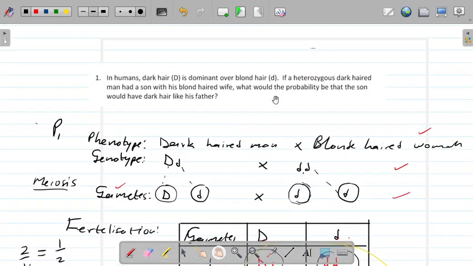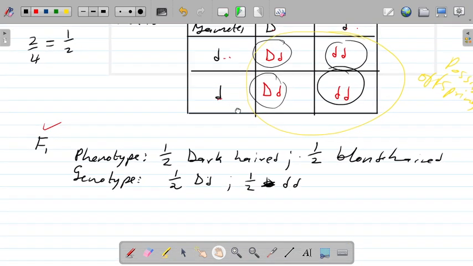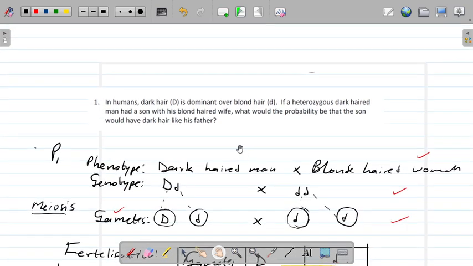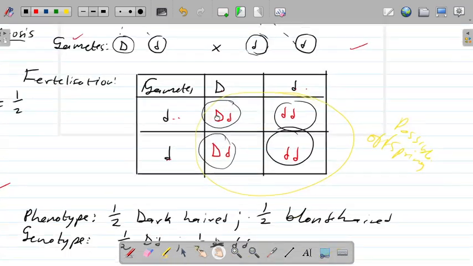Then to answer the question: what would the probability be that the son will have dark hair like his father?